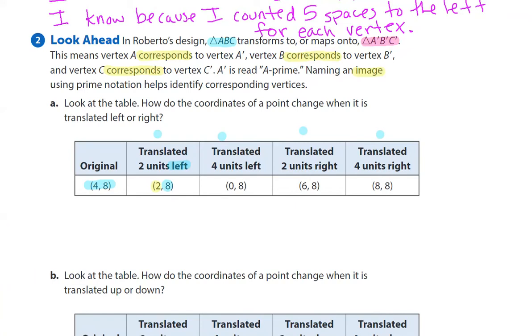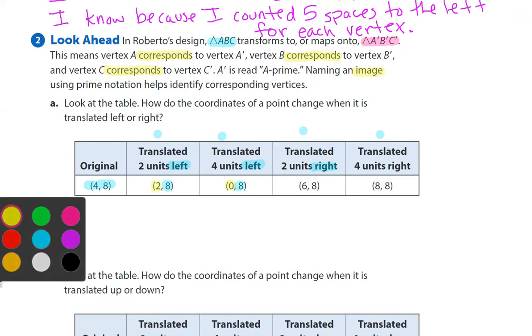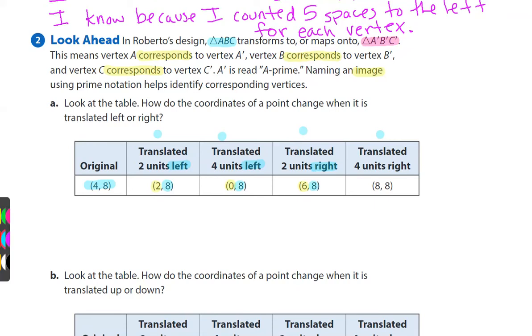Now it's translated 4 units to the left. Once again, the x changed, but the y stayed the same. Translated to the right, x changed, y stayed the same. Further right yet, the x changed, but the y stayed the same.